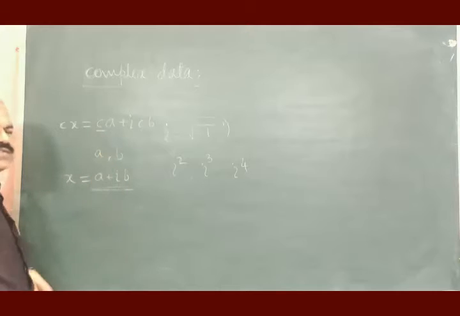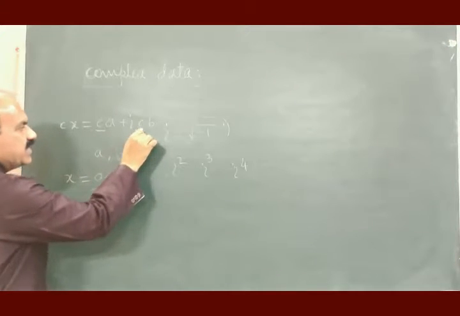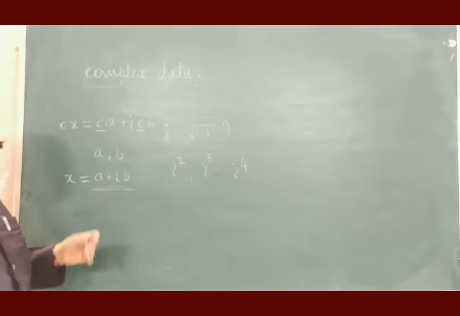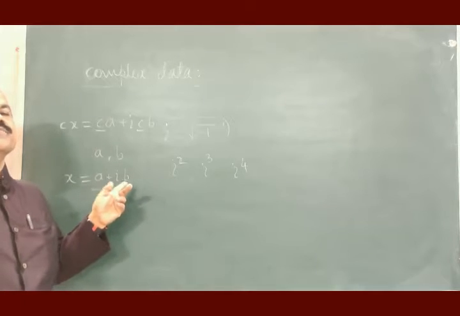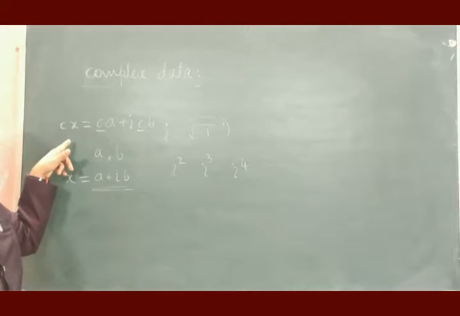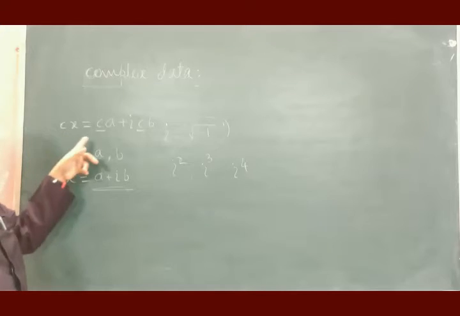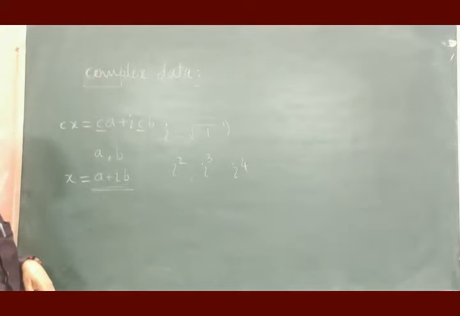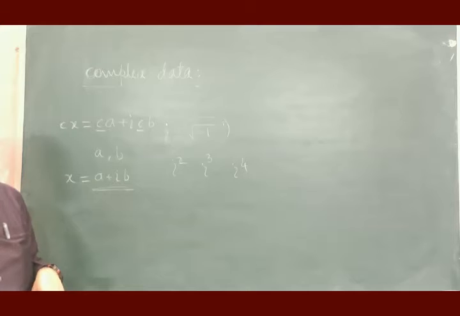C is a constant, a real constant. So when this complex number is multiplied by a real constant C, Cx will be equal to Ca plus I into Cb.